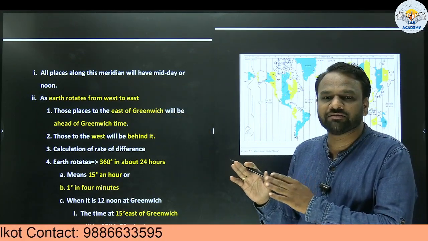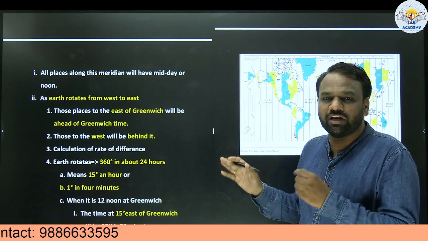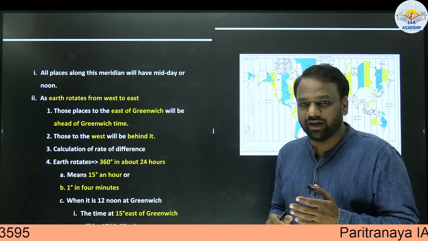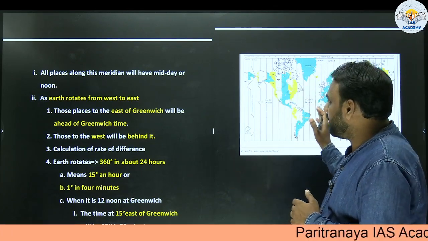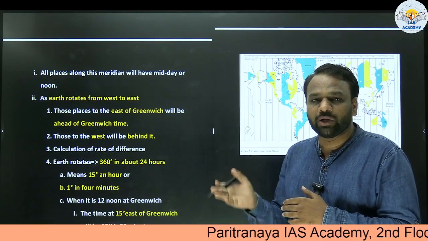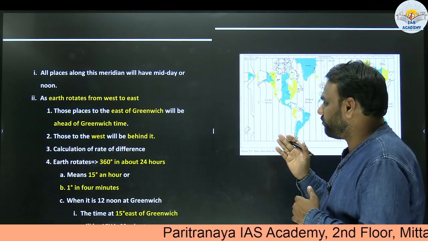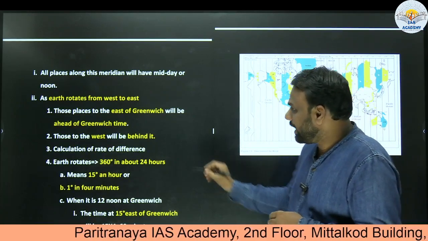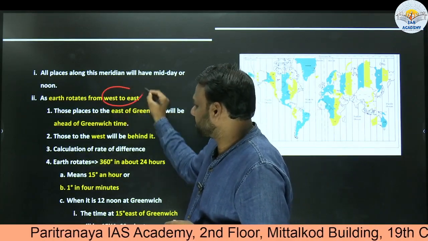Obviously the countries in the eastern hemisphere will see the sunrise first. That is why the local time of the places in the eastern hemisphere will be ahead compared to the local times of the places in the western hemisphere. Why? Because Earth rotates from west to east.